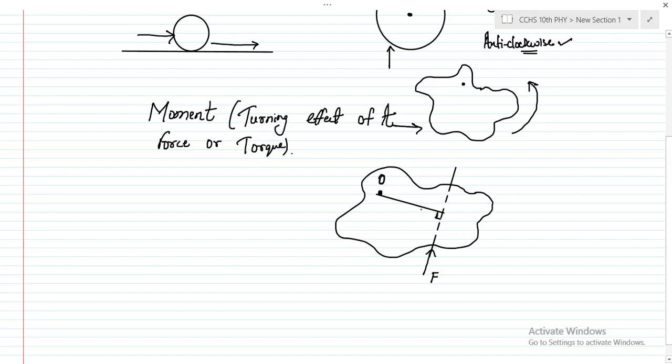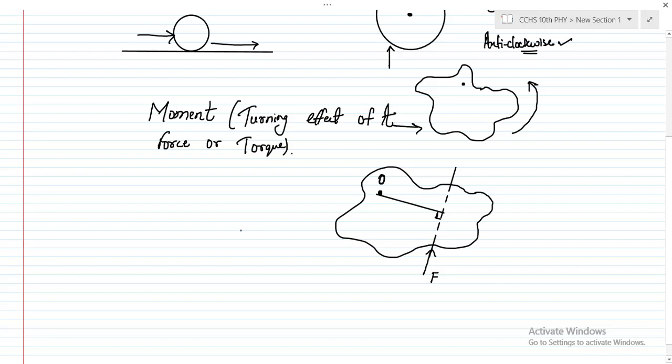Now the moment or the turning effect of a force or torque is the perpendicular distance between the line of action of force from the pivoted point multiplied by the magnitude of force. Or you can define turning effect of a force as the force multiplied by perpendicular distance of the line of action of force from the pivoted point.